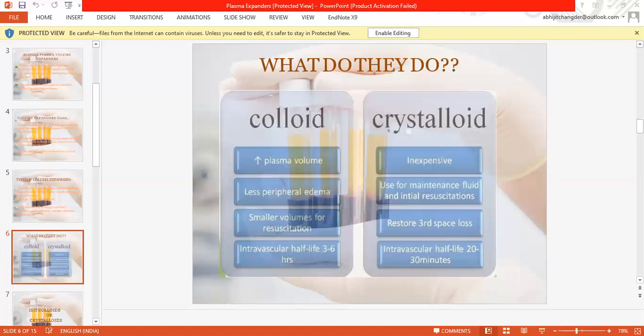Human albumin is obtained from pooled human plasma, where 100 ml of 20% human albumin solution is the osmotic equivalent of about 400 ml of fresh frozen plasma, or 800 ml of whole blood.